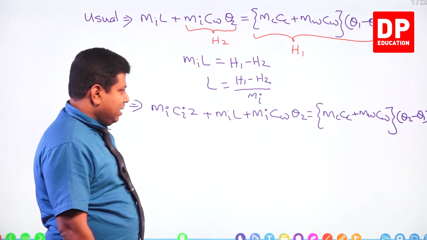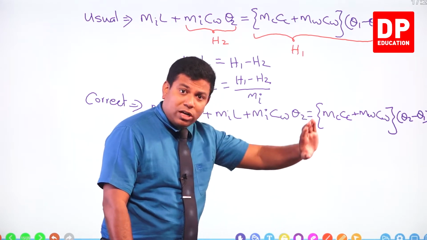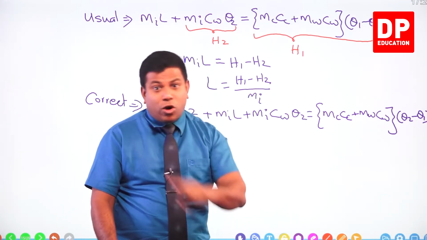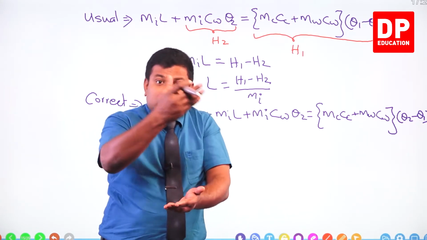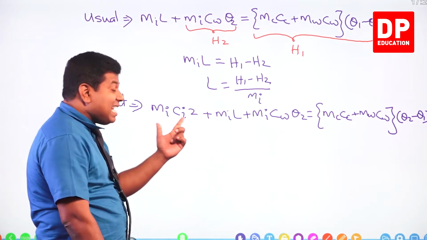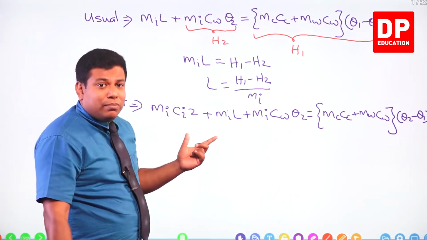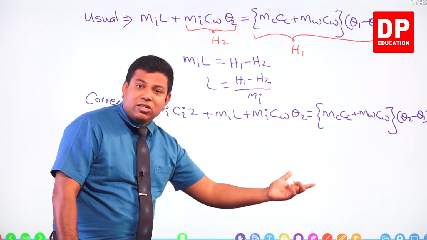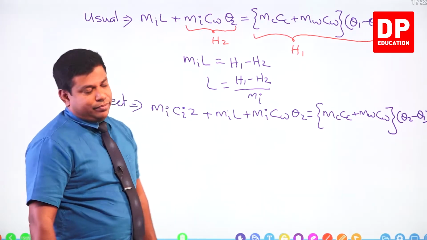The heat lost by calorimeter, stirrer and water is the same. But that heat is used for three things now, not two. One, to raise the temperature of ice from minus 2 to 0, which is this M_i C_i. It's ice, it's not water. Then it gets melted. Then the temperature of the melted ice, the water now, increases.